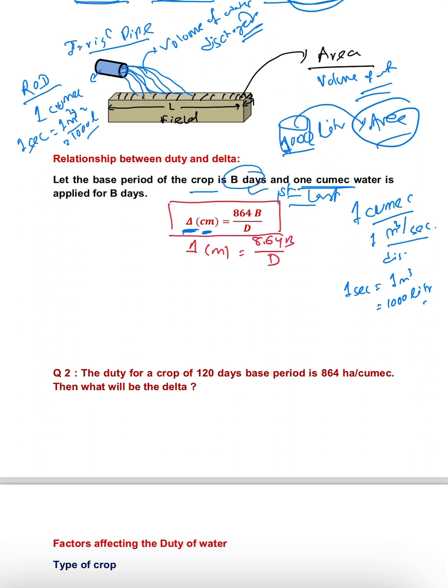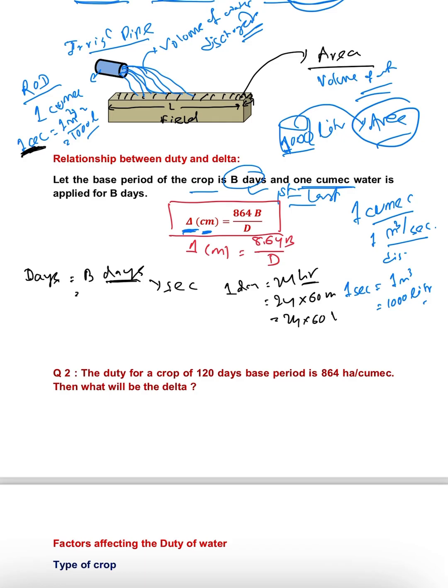As you know, the base period is B days. B days, and the unit of discharge is in terms of seconds. So let us first convert the unit day to second. 1 day means 24 hours, so 24 into 60 minutes, and 1 minute is equal to 60 seconds.